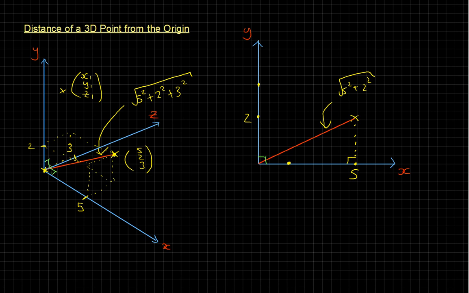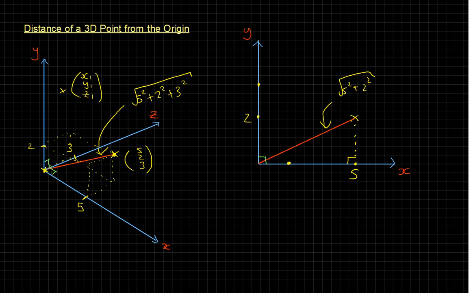So if you think about how this extends, in some sense, this squaring and the square root have nothing to do with the fact that it's 2 dimensions. The only sense in which the number 2 comes into this formula relating to 2 dimensions is the number of terms. So the number of terms is what's relating to the dimensions. Here I've got 5 is my first term, 2 is my second term.